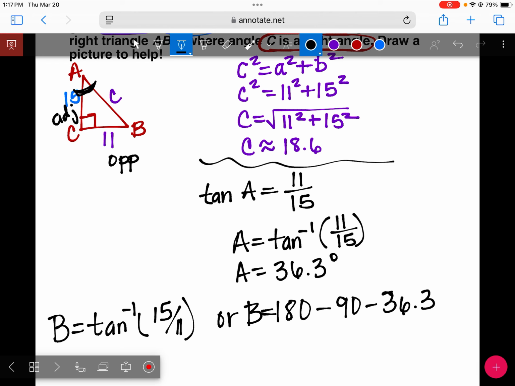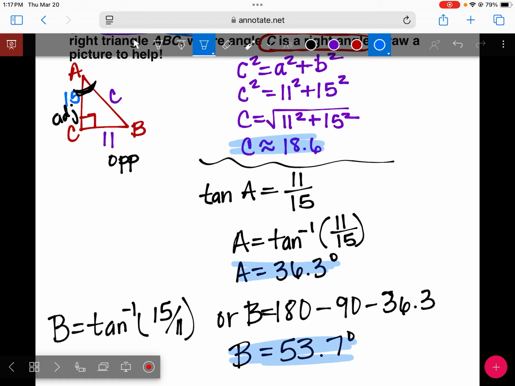So if you're doing triangle sum, you need to know two angles. And if you're trying to do Pythagorean theorem, you need to know two sides. Right. So angle B is 53.7. So there is two different ways, I'm going to go ahead and highlight, that you can find that last piece of information. So if your stuff doesn't add to 180, you know you did something wrong.